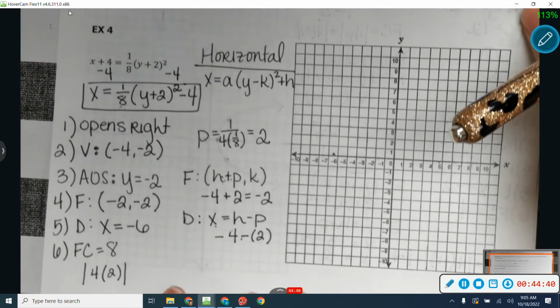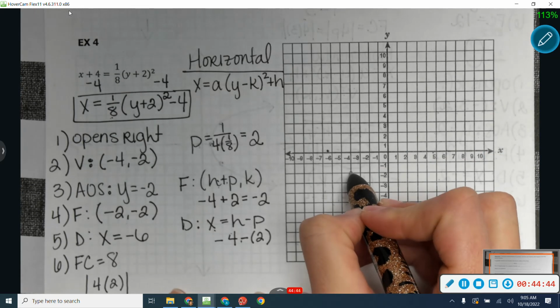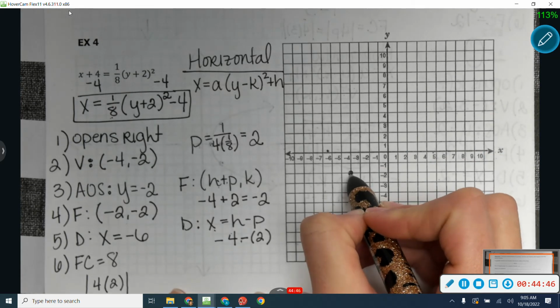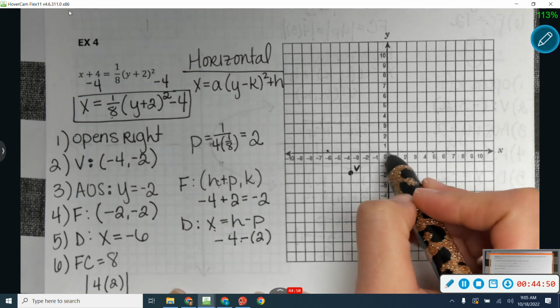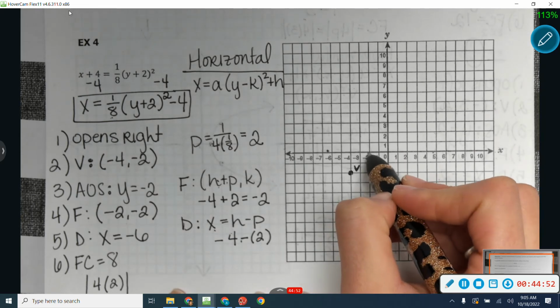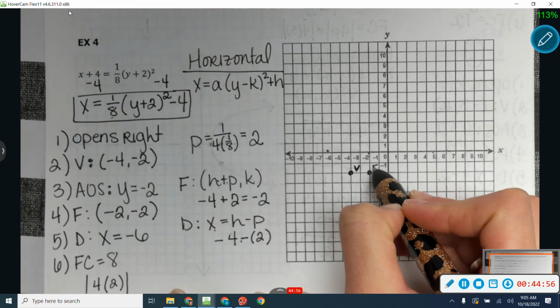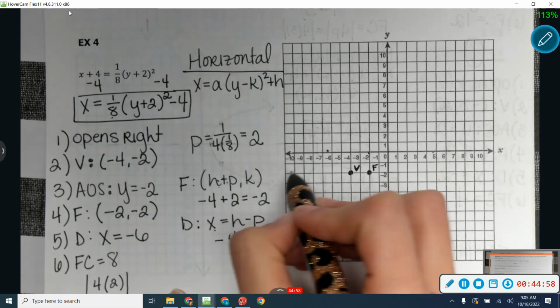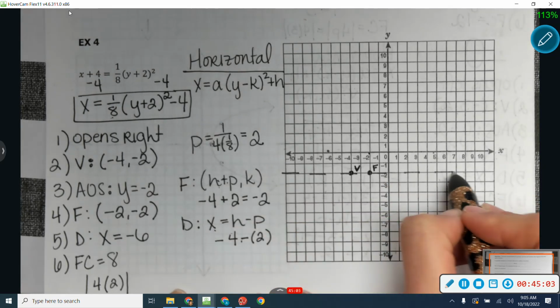Okay, so then -4, -2 for my vertex, -2, -2 for my focus. Draw your horizontal axis of symmetry.